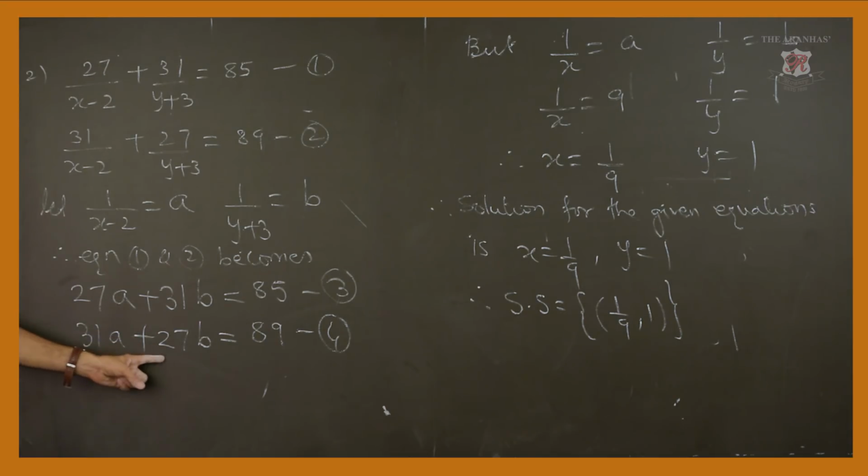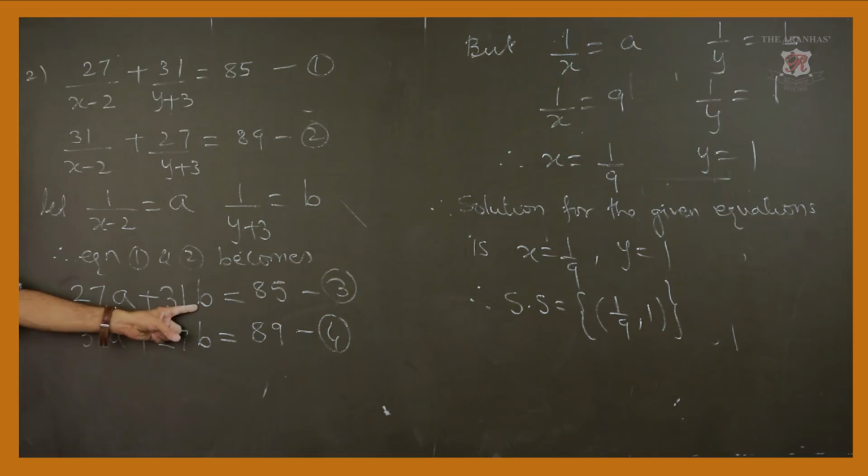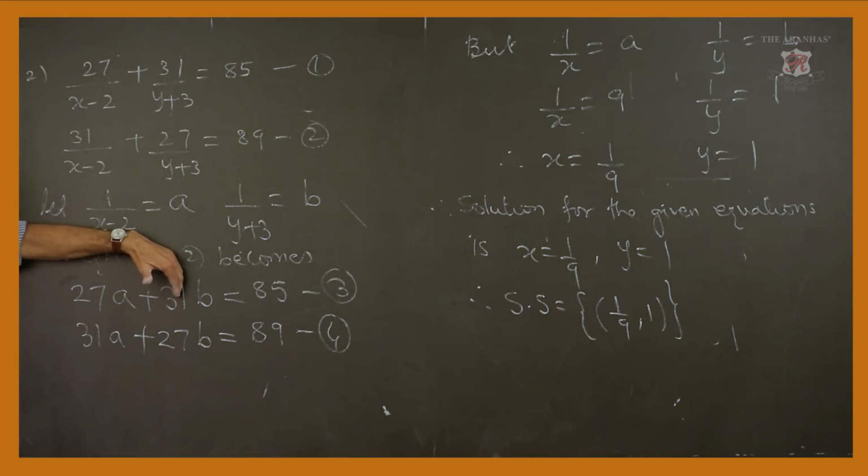27a is my 27b in the second equation. 31b is the same as 31a in the second equation. So, if the coefficients of a and b of the first equation get interchanged in the second equation, then I told you how to solve them.